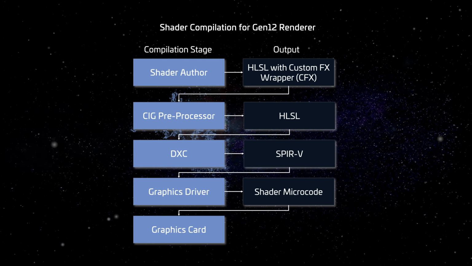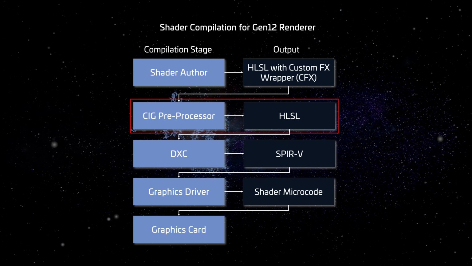We can see here now a diagram of how our shader compilation happens. It starts at the shader author level. This is where one of our many developers will write a shader using HLSL code with some markup integrated into that HLSL. This HLSL is then passed to the preprocessor.